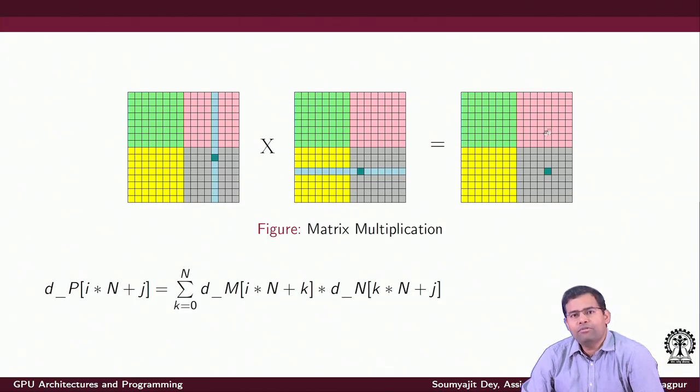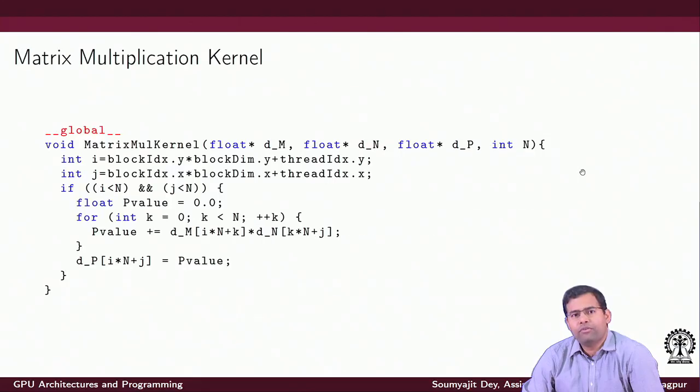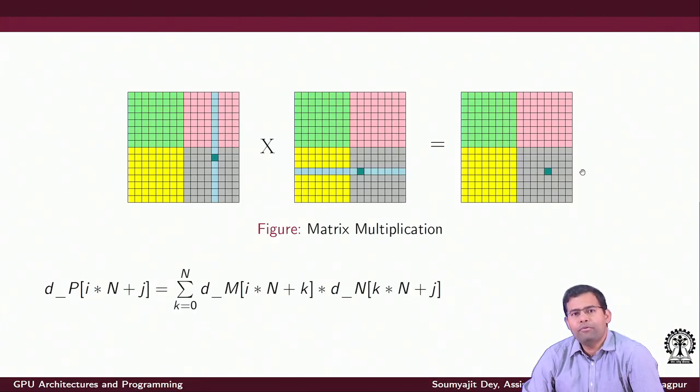The value of the row is i and the value of the column is j. So i would essentially mean this height, the row, and j would essentially mean this shift, the column. The height i we get by following this formula. We have to look at the block ID.